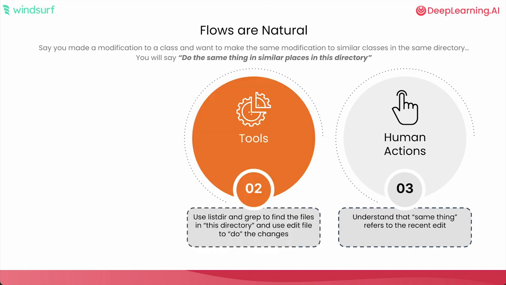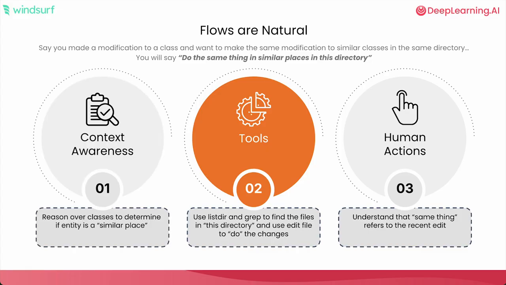Access to tools will allow the agent to find the relevant files in this directory and then later use edit-like capabilities to make the changes. And the context awareness will allow the agent to reason whether or not classes are entities that are in a "similar place" as the class that I just modified. So it requires all three of these components coming together to create an experience of working with an agent that would be similar to working with a human pair programmer.